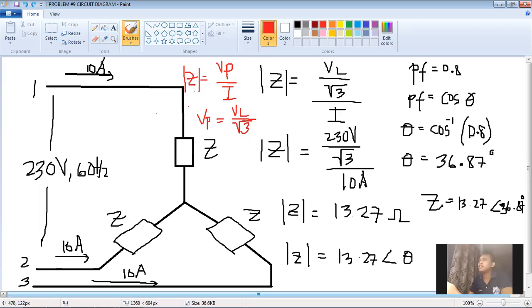So for the impedance, the formula is: the absolute value of the impedance is equal to Vp, or the source voltage, all over the current. Whereas our Vp here is the line voltage divided by square root of 3.